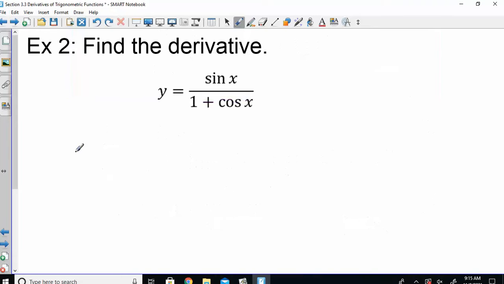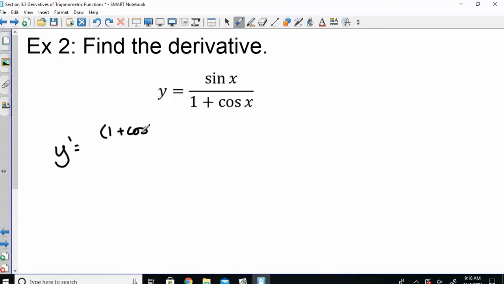All right, so let's work out a few. So if I asked for the derivative of sine x over 1 plus cosine x. So what would I have to do here?